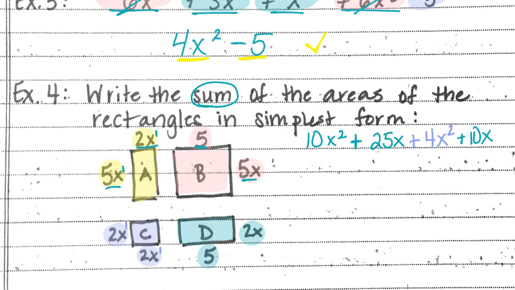Well, we can add like terms. Notice that 25x and 10x can be added. Also, 10x squared and 4x squared can be added. So my final sum for the area is 14x squared plus 35x.